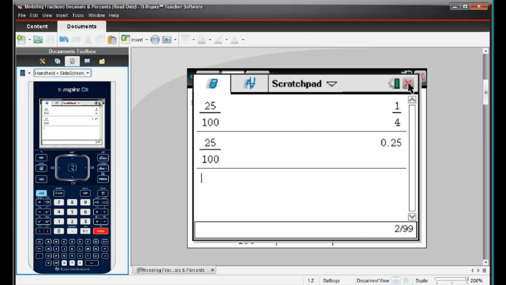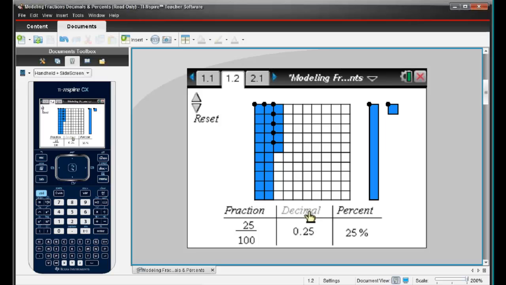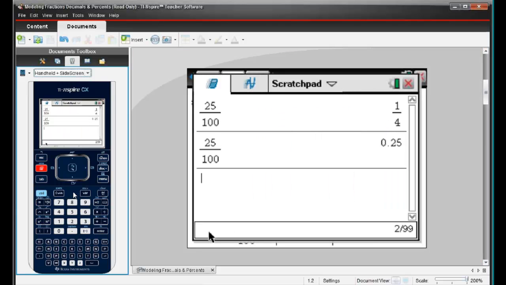Now, to move from that decimal representation to the percentage, students will see immediately that this one has a decimal point here, and this one has that decimal point to the right instead of to the left of those digits. And we can address that in the scratch pad by multiplying that decimal by 100.